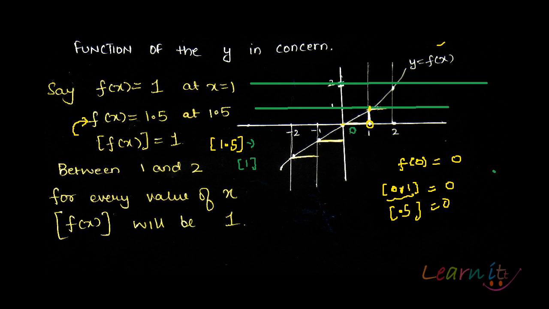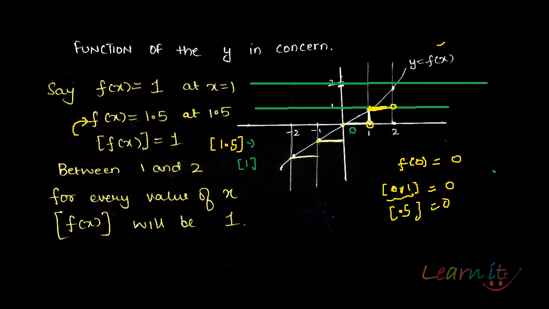So it will be marked like this. Again, 2 is not a part of it. Similarly, from 0 to minus 1, it will be a step out here, marking at minus 1, and so on and so forth.